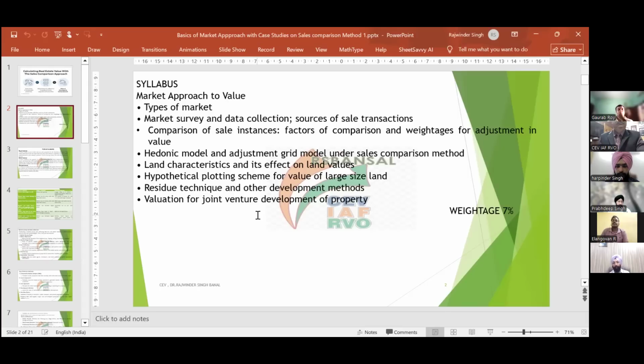So that is development method. And in the end, you have to study valuation for joint venture development of property. So it has a huge weightage of 7%, means at least you will get 7 marks questions either in the form of case studies or in the form of theory from this part.